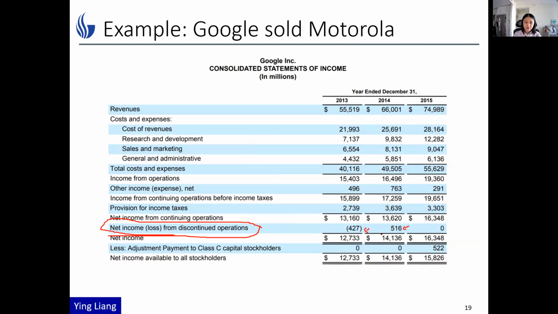It's a huge difference. So we put these transitory items into discontinued operations. And if I, as an investor, want to make a prediction, I will only focus on everything up to net income from continuing operations. I will ignore the discontinued line, because it doesn't help me predict future earnings.